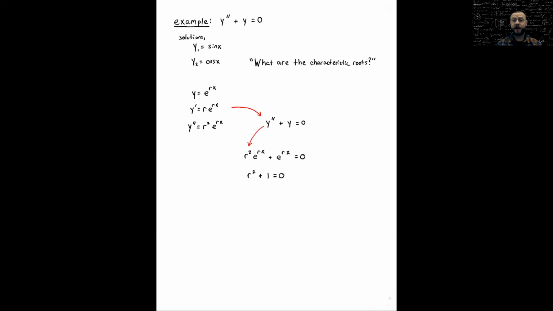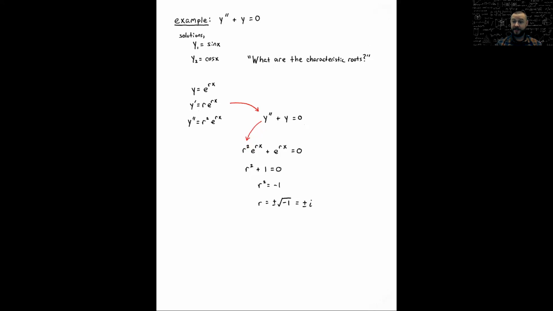You can use the quadratic formula for this, but it's much quicker to isolate the square term and then cancel it by taking a square root. However, we are led to imaginary values for the characteristic roots. You do get two values for r, plus or minus i, where i is the square root of negative 1.